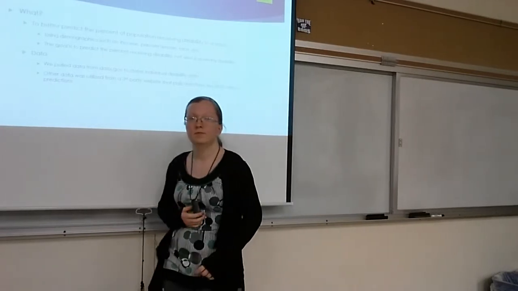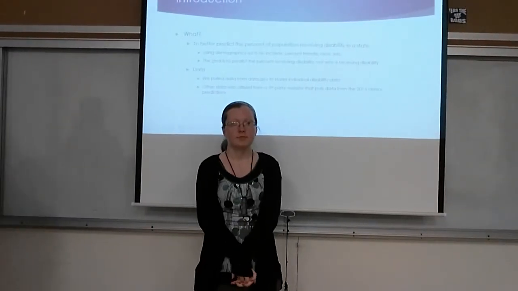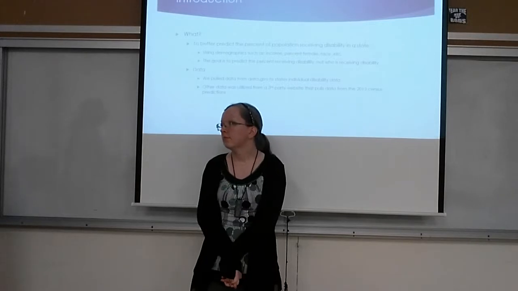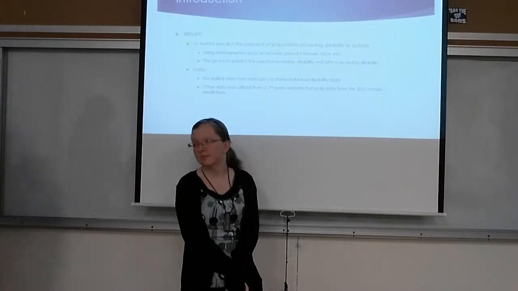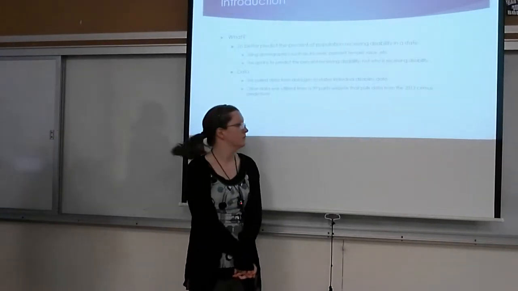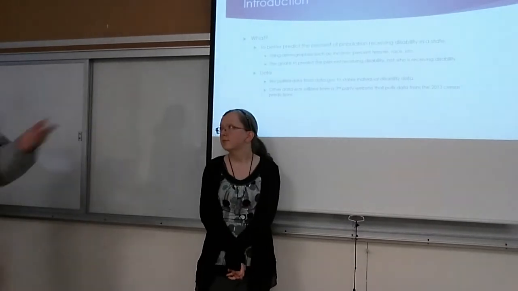So any of the analysis we did, we couldn't say if it was this race that was receiving more disability, because we didn't have that data. The data we pulled from data.gov had all of our disability data: the number of people who filed, and the people who received favorable outcomes or were approved for disability.